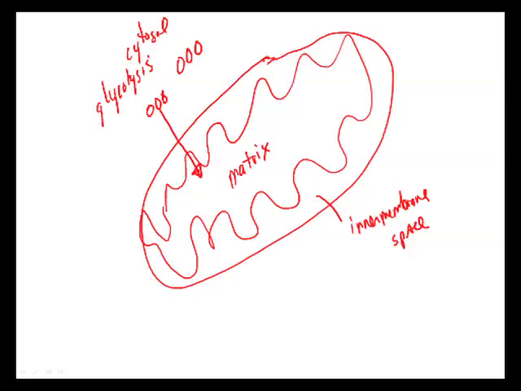So when we talk about the matrix reactions, we're talking about this space in here, inside that inner membrane. We talk about the membrane reactions, we're talking about the reactions that occur across from the matrix to the inner membrane space and back again. Those are the membrane reactions, which we'll get to on Wednesday.